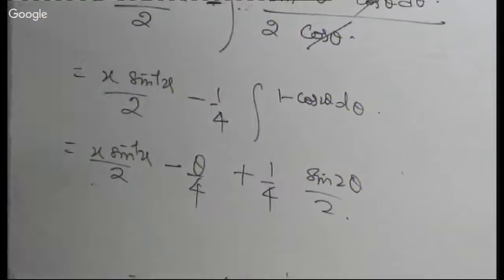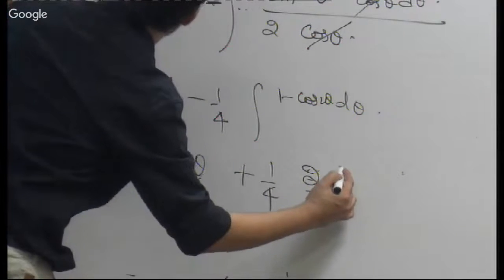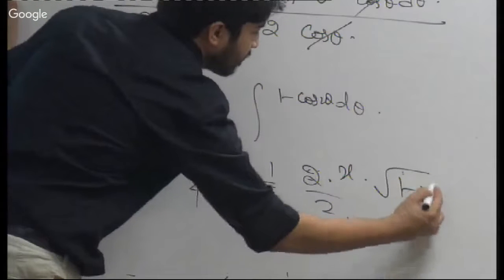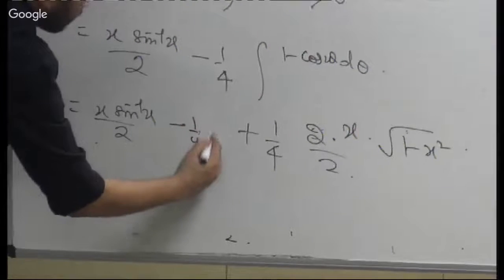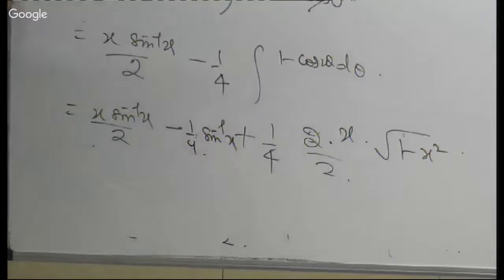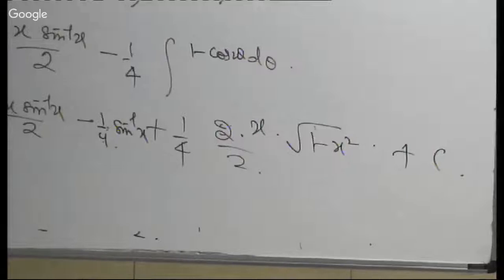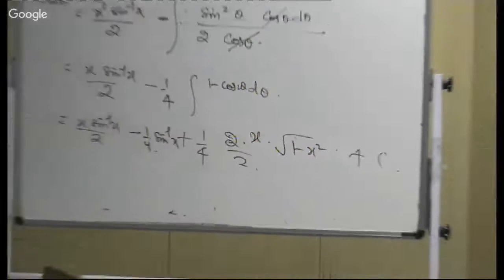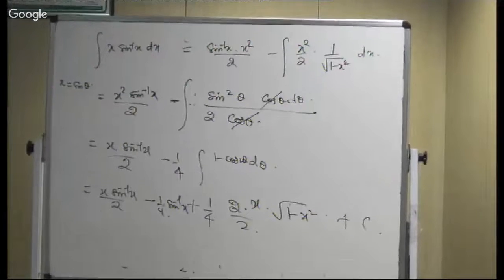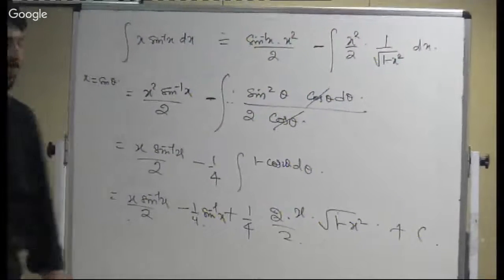Now I can put 2 sine theta cos theta, where sine theta was x, and I can put this as 1 by 4. Right? There are various ways you can solve the questions, but you should not go mathematically wrong, and always try to find the shorter way. Even if you are not able to find the shorter way, go the traditional way, right? You should not commit mistakes.